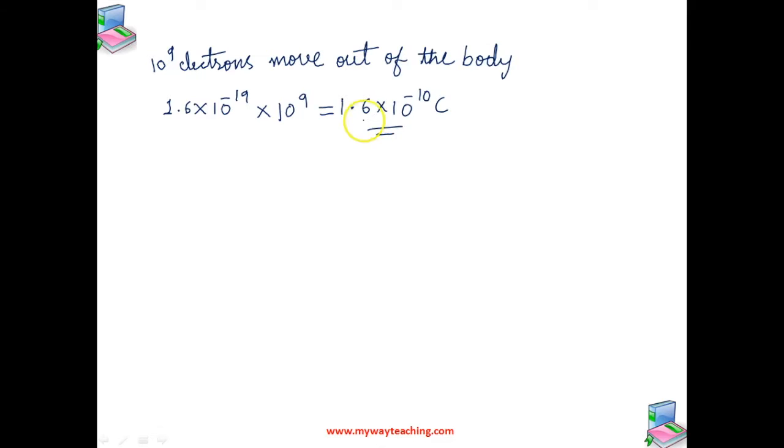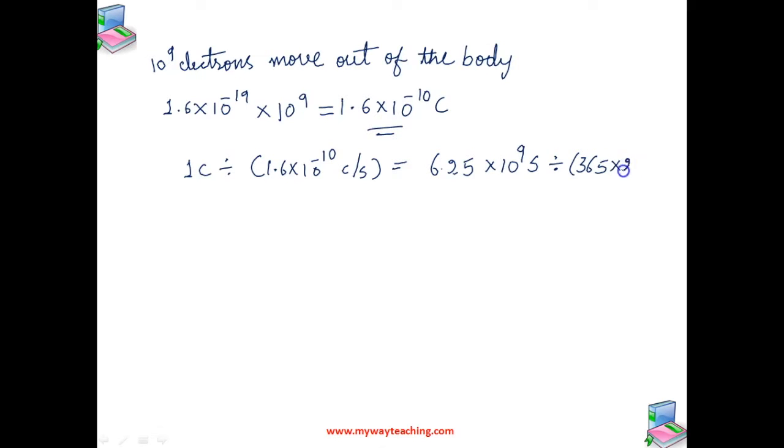So the time required to accumulate a charge of 1 coulomb, we can estimate as 1 coulomb divided by 1.6 into 10 raised to minus 10 coulomb per second, which gives the value as 6.25 into 10 raised to 9 seconds, divided by 365 days in each year, 24 hours, and 3600.